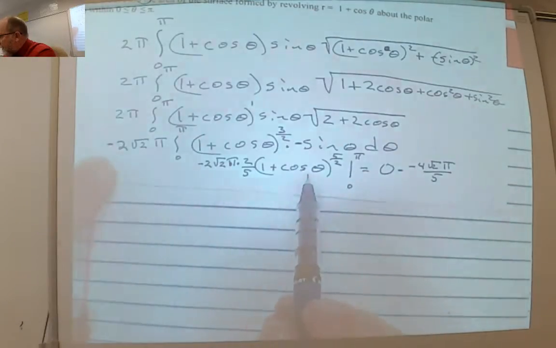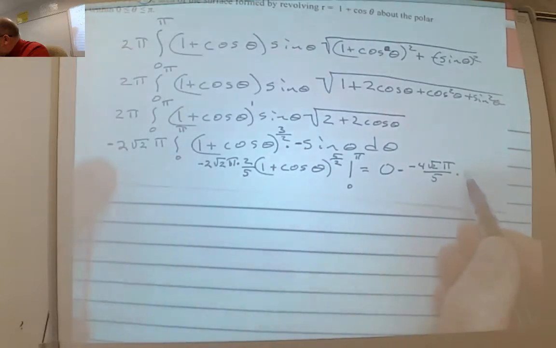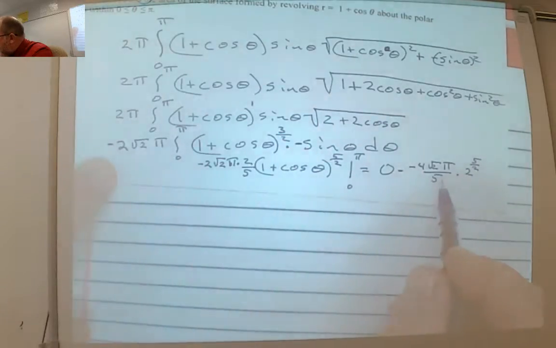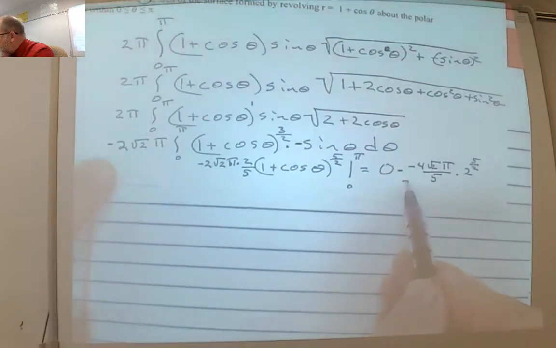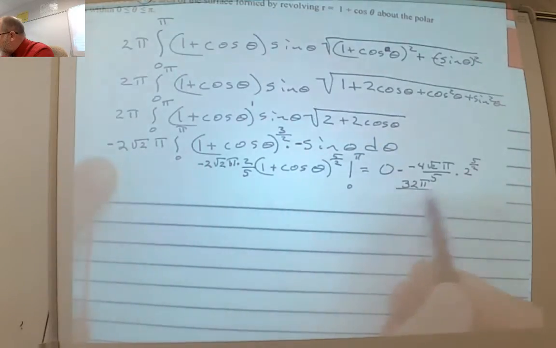And if I put 0 in here, what does this become? 2, correct? 2 to the 5/2 power. So that gives me a positive what? Well, 2 to the 1/2 times 2 to the 5/2 is 2 to the 6/2, which is 2 to the 3rd, which is 8, and 4 times 8 is 32, so I get 32 pi over 5.